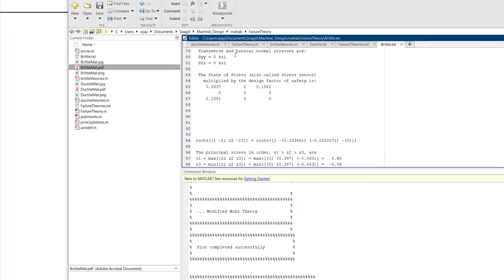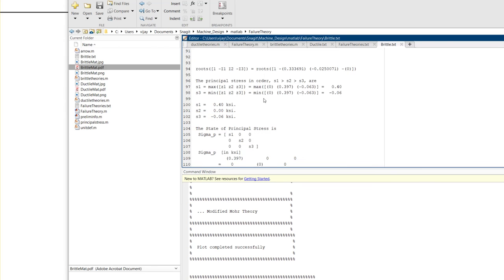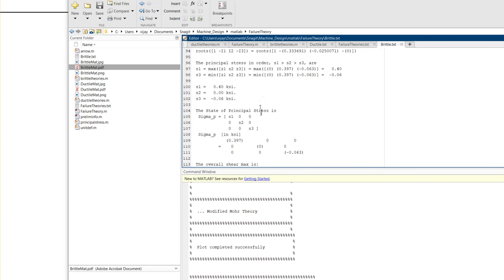And this is given in KSI, so I'm changing that to PSI. That's why you have those values. So these are your principal stresses right here.